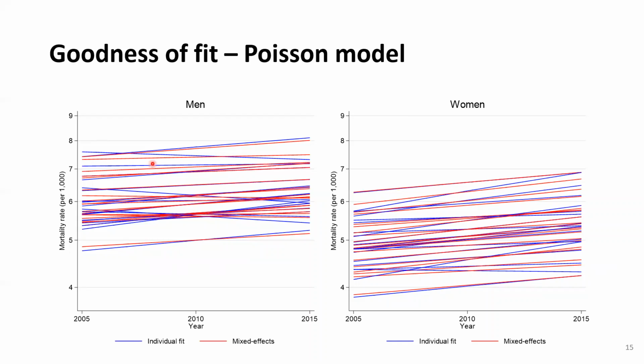And the red line shows the estimates given by the mixed effect model. So if the blue line and red line are very close, it means that the goodness of fit is good. And if they are far away, maybe not. But anyway, this is what we get from the Poisson model, men and women.